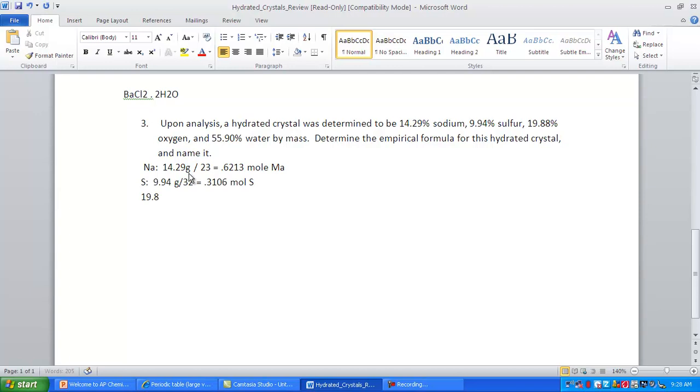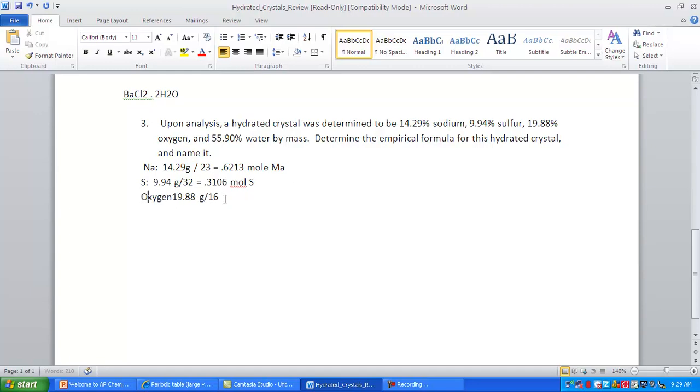19.88 grams out of 100 grams are coming from oxygen. And oxygen's atomic weight, never use molar mass of 32 in these types of problems. It's always the atomic mass of 16. And I should label that as oxygen, just so it doesn't look like a 0.